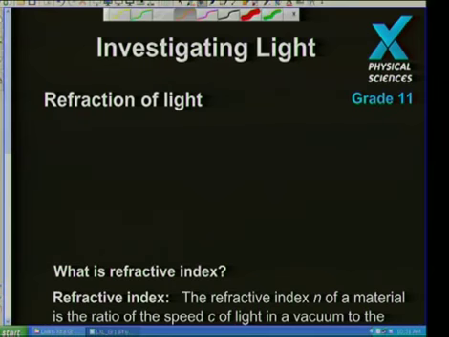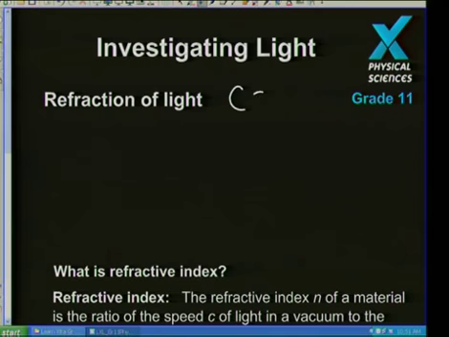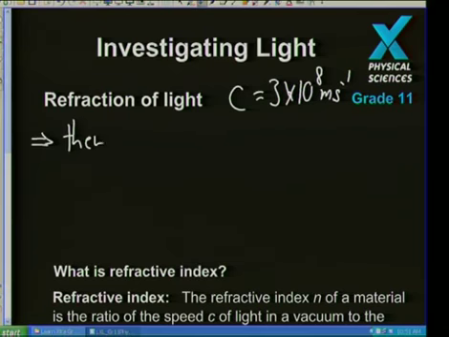Remember that in a vacuum, and also very much close to air, the speed of light in a vacuum is 3 times 10 to the 8 meters per second. So what happens when light enters other media, other examples of materials? Then there is a change in speed.